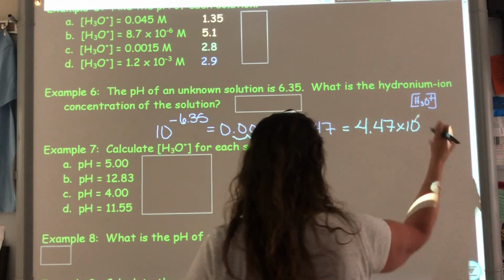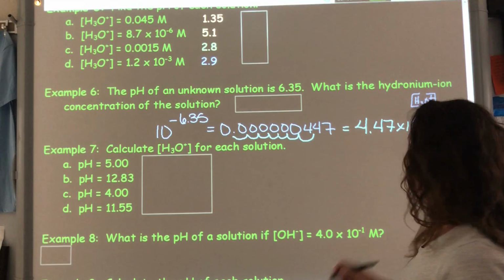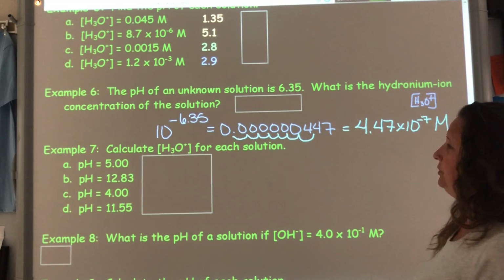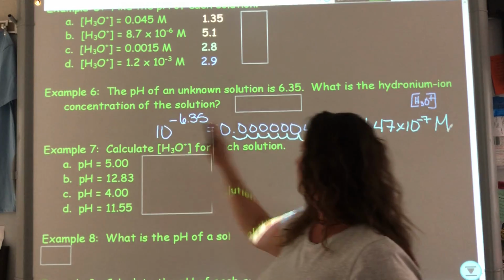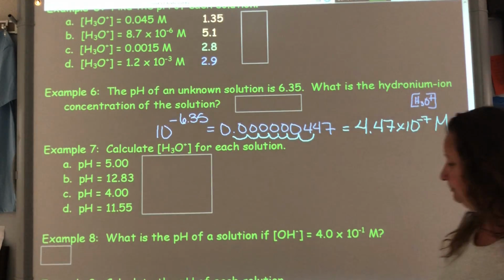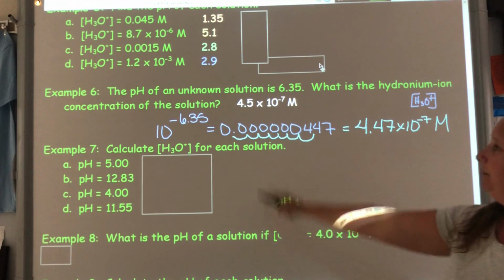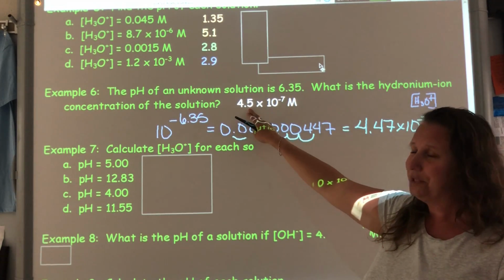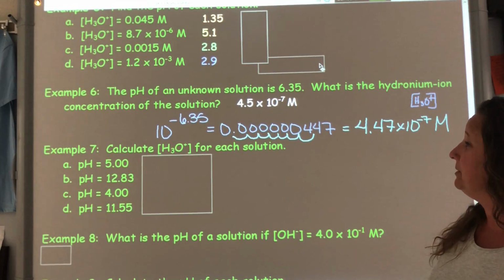And when we move it to the right, it's -7th. And you need to make sure you put your unit. Because we're looking for a concentration, we're looking for the molarity. I rounded my answer to an incorrect number of significant figures. Sorry. But 4.5 times 10 to the -7th.